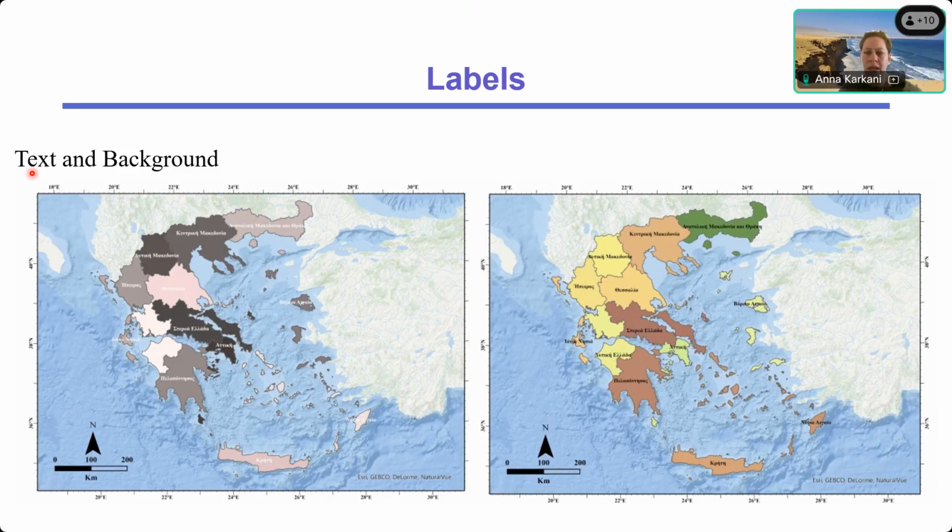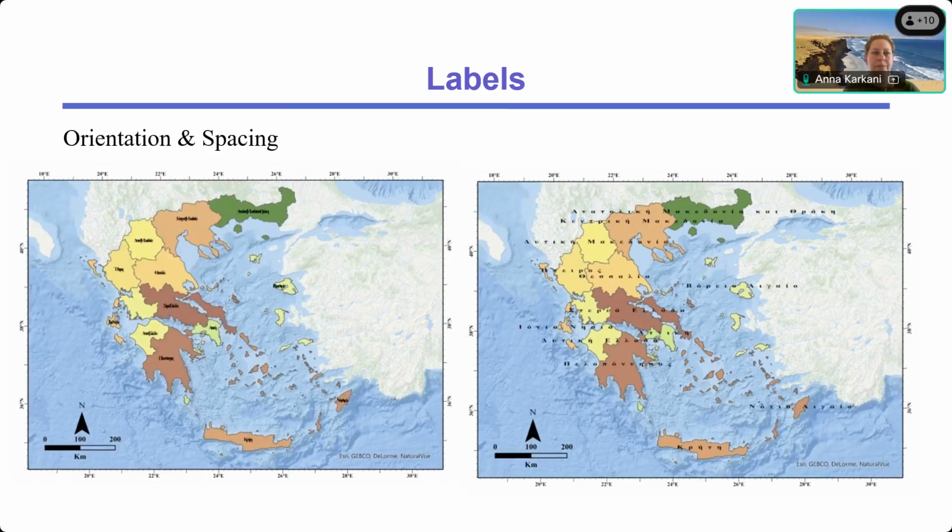We can use other tricks when we make labels to make them more legible. We can, for instance, design a small text box, a subtle one with some transparency, in order to make it pop out in case we need to. So different options. We will see about it later on for sure.